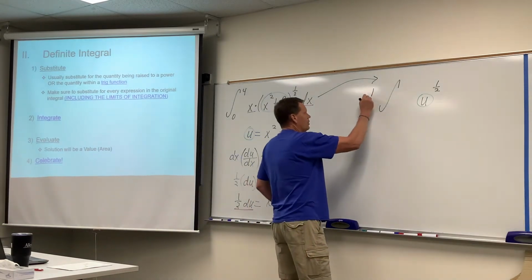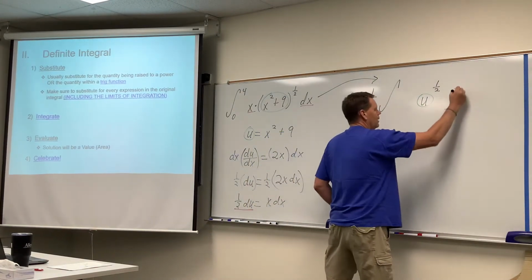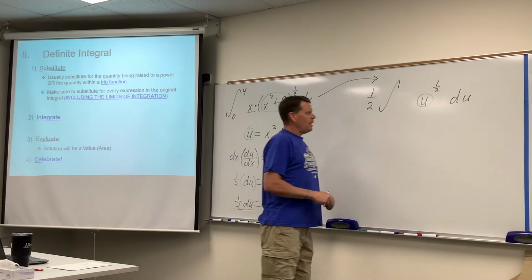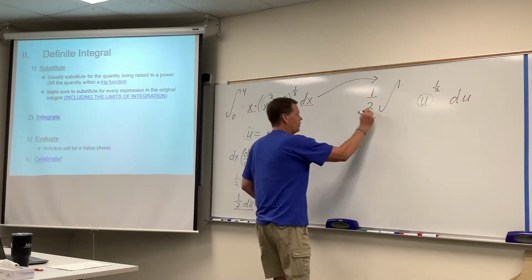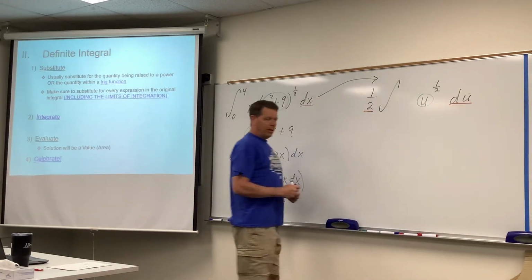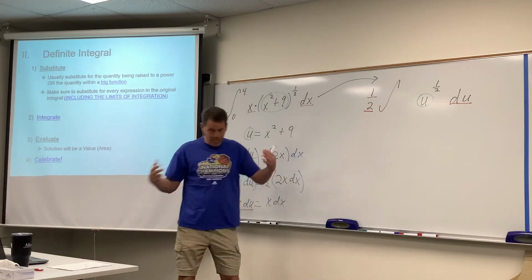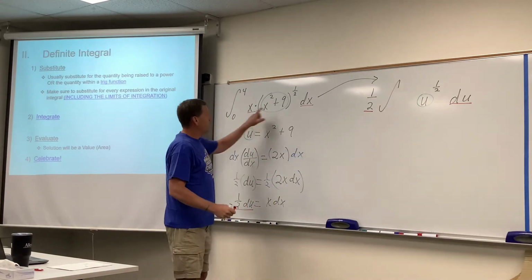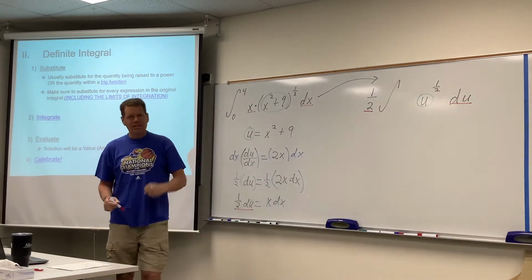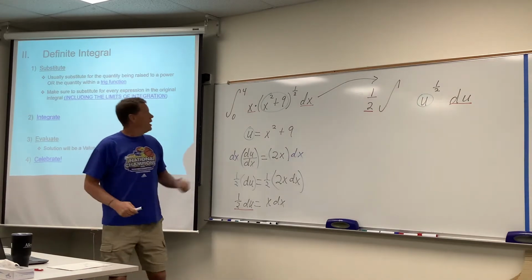So I like to put that multiplier in front and the du on the back end, and let's note that the 1/2 du replaced, substituted, it came off the bench for the x dx. Yes.